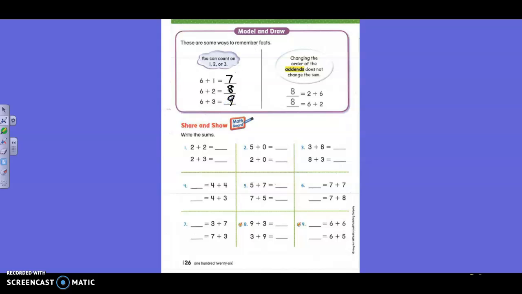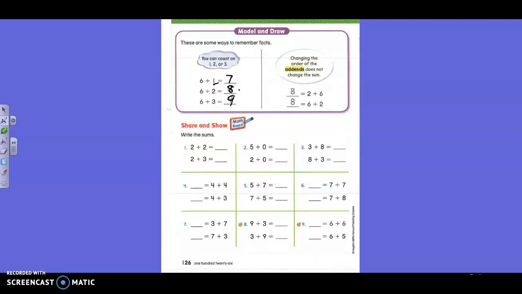Look, 1, 2, 3. All these first numbers stay the same, right? The second number goes up 1, so you go up 1 from 6, right? One more than that would be 8, which is 2 more. And then we have 9, which is adding 3 to that, okay?